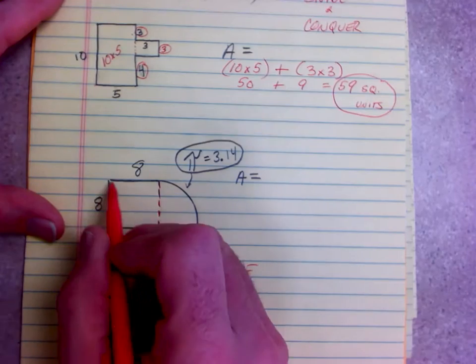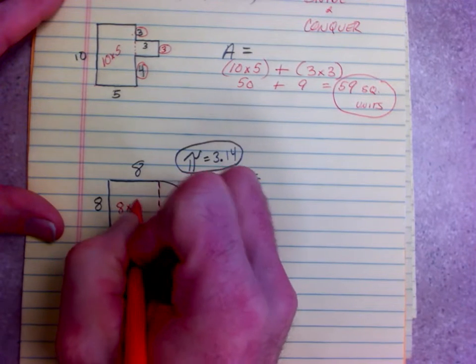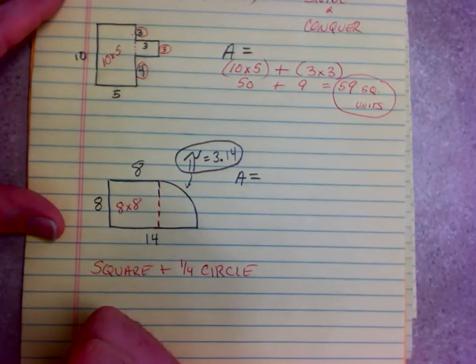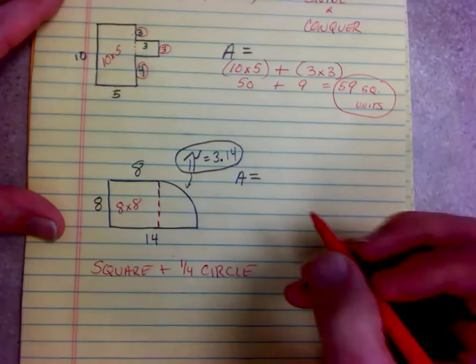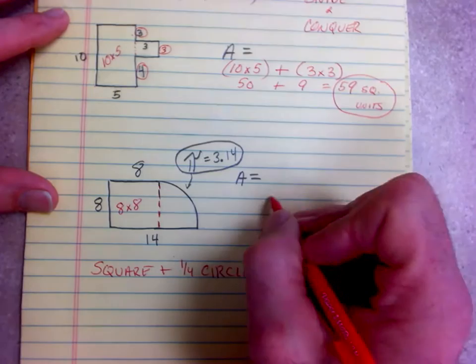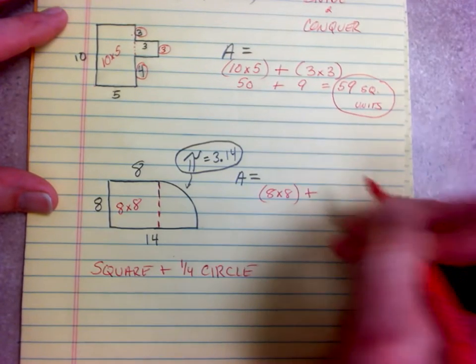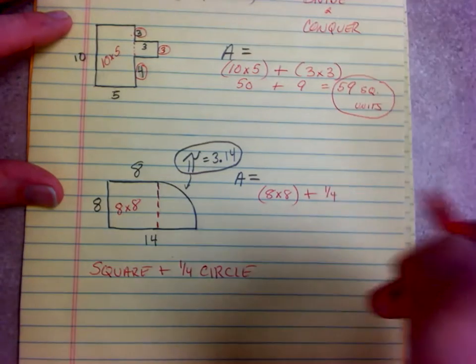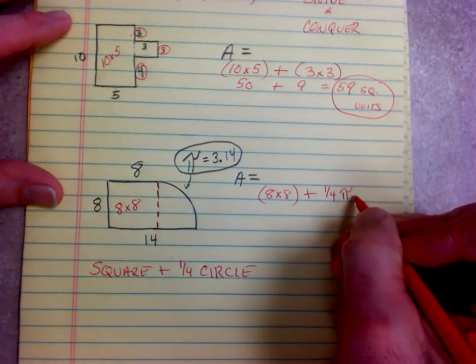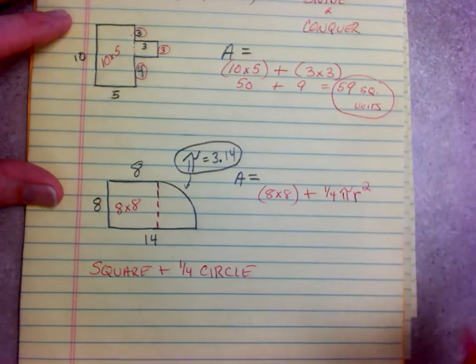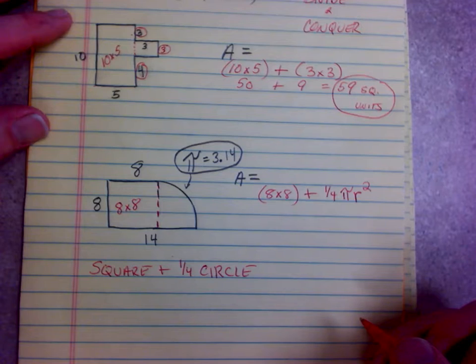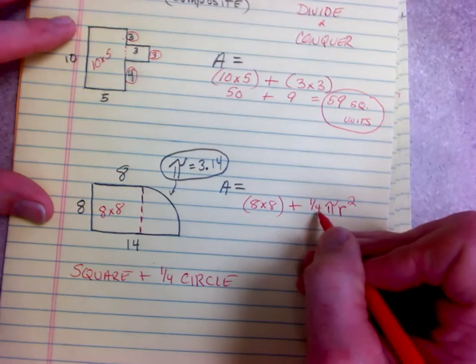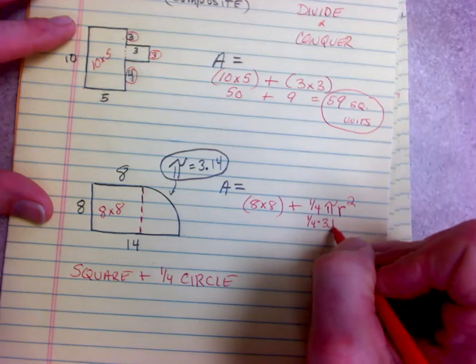So the square, again, that's nothing more than a rectangle, so that is 8 by 8. So for the square, we can do 8 by 8. And now we got to do a quarter of a circle. So if you remember, for a circle, it's pi times r squared. So a quarter times 3.14.